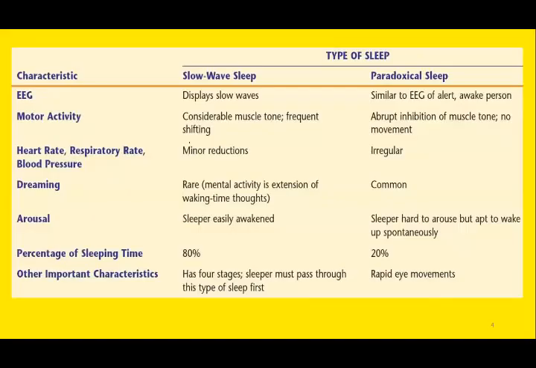And these are the important differences between the two types of sleep: non-REM, slow wave sleep, and paradoxical sleep or REM sleep. As the name indicates, non-REM sleep is the part of sleep in which there is no extraocular movement, and in REM sleep, there is extraocular movement or rapid eye movements.